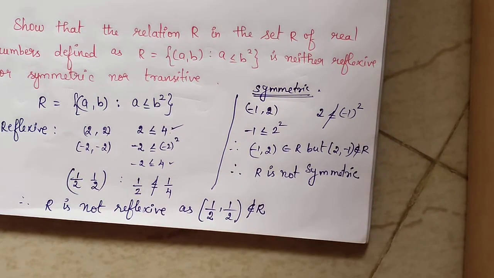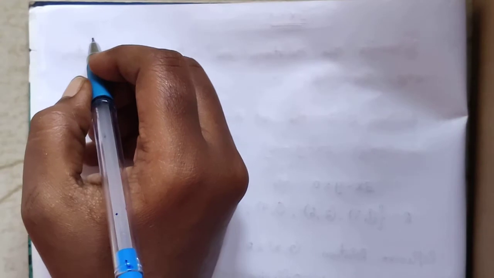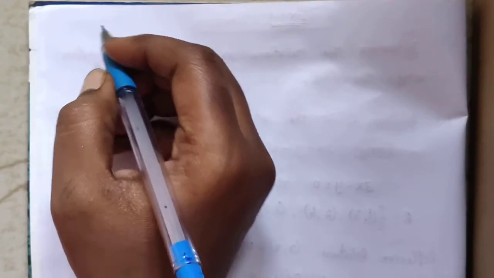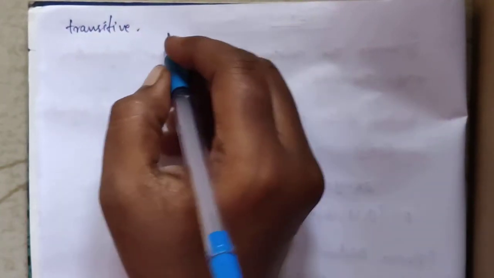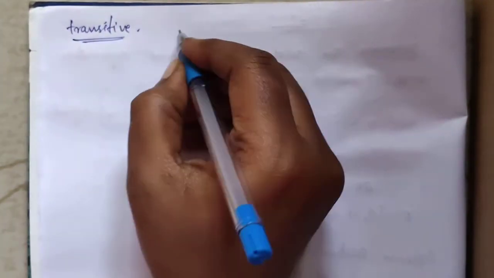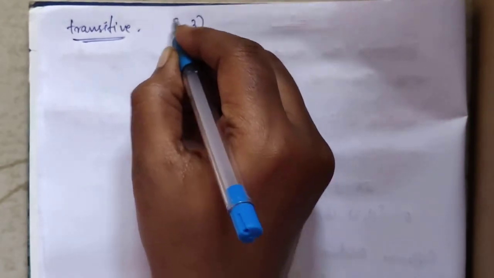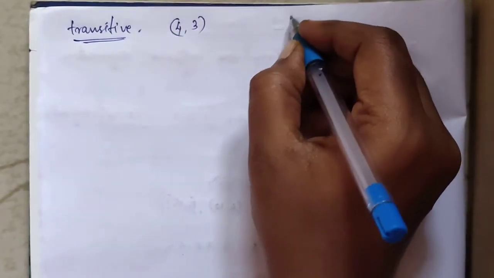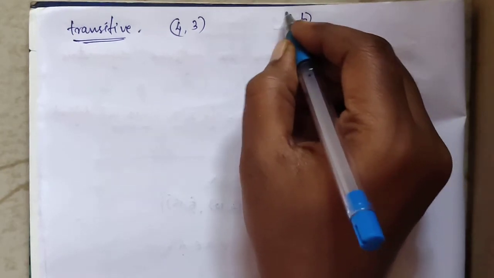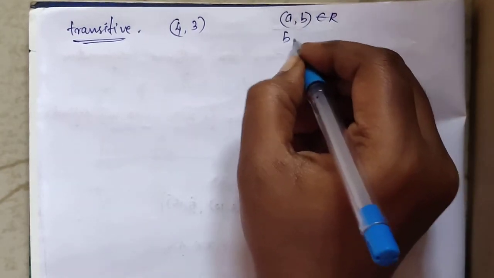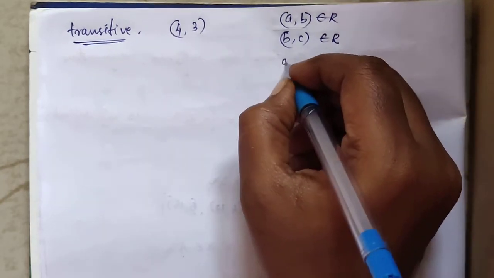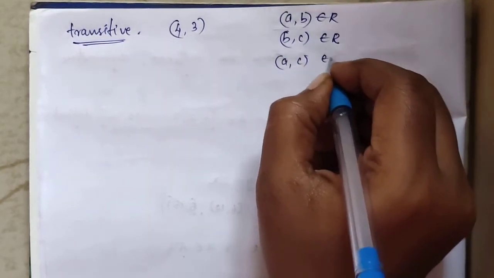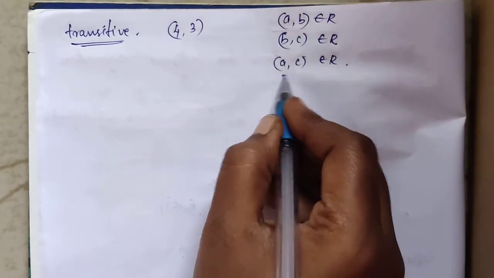Next, check for transitive. Let us take the numbers 4 and 3. For transitive, if a, b belongs to R and b, c belongs to R, then a, c should belong to R. This I have to prove.